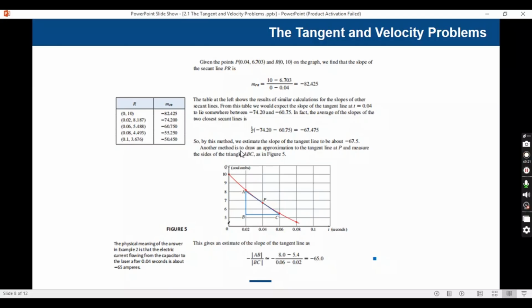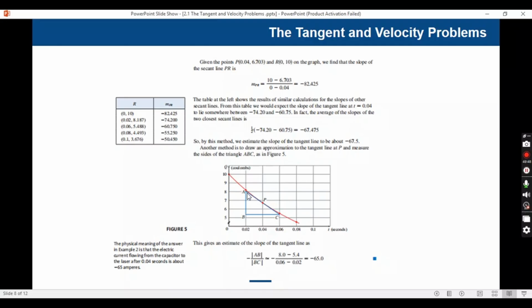So another method is to draw an approximation to the tangent line at P and measure the sides of the triangle ABC. And then this gives an estimate of the slope of the tangent line.